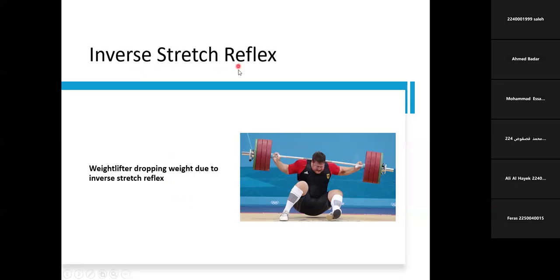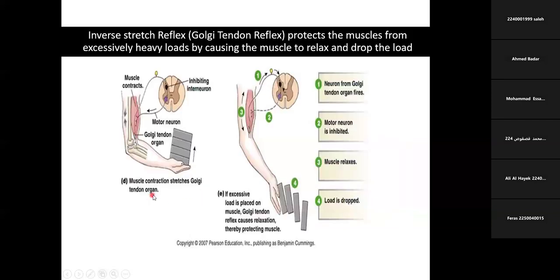So the inverse stretch reflex is a very useful thing. 1, 2, 3. The neuron from the receptor. What is the receptor? Golgi tendon organ. It immediately sends the message that the tension is more than what I can handle. This is 1, 2, 3, 4 weights. This person is trying to pick it up.